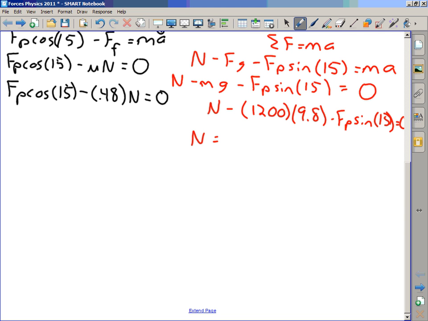So now I've got a positive 1200 times 9.8 and add my FP sine 15 since we're taking the subtract of the opposite. Plus FP sine 15. Let's simplify that down a little bit. What's 1200 times 9.8? 11,760.